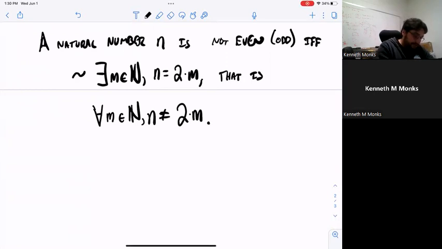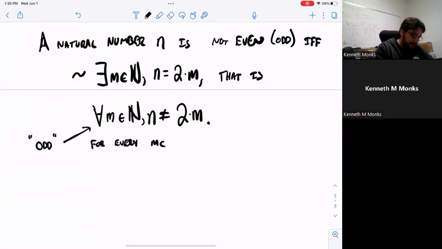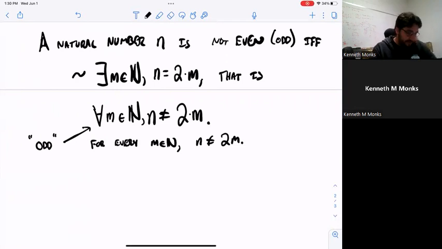You could say that odd means that for every natural number m, n is not equal to 2 times m. So what essentially happened here is we had a not out here, and we moved the not inside the statement.